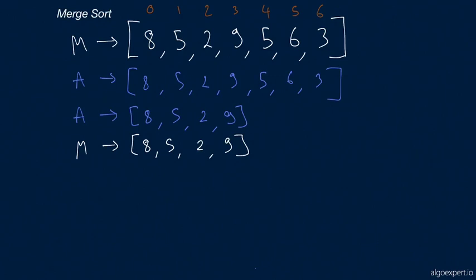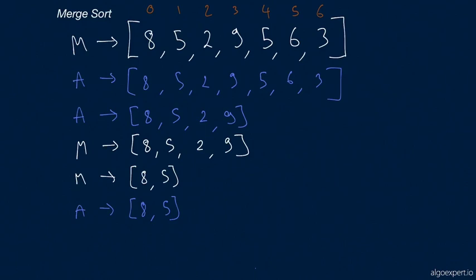So now we further divide the arrays, and again we call the helper method, but swapping them back. Now we've got the main array with 8 and 5, and the auxiliary array with 8 and 5. And now we divide them even more.